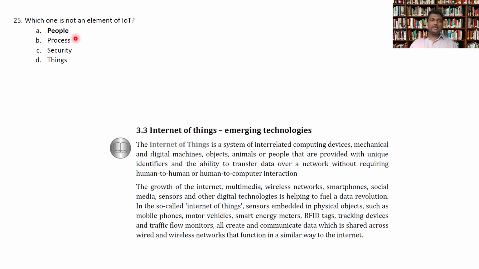So you are not an element of IoT. You are one of the things which are connected to the internet. People can be connected to the internet as one of the things, right? But IoT elements are process, security, and all the other things, how IoT is built up, right?